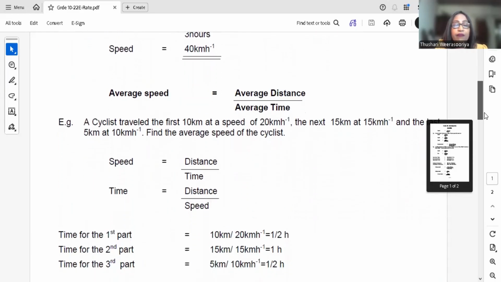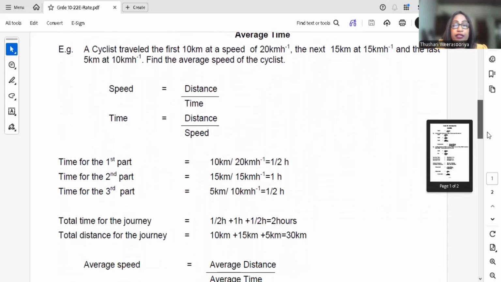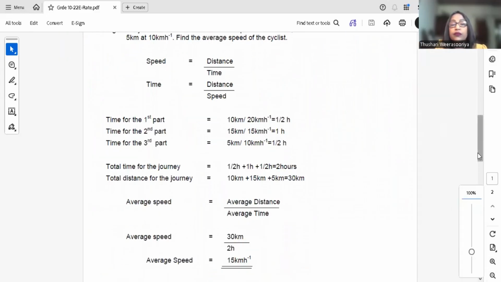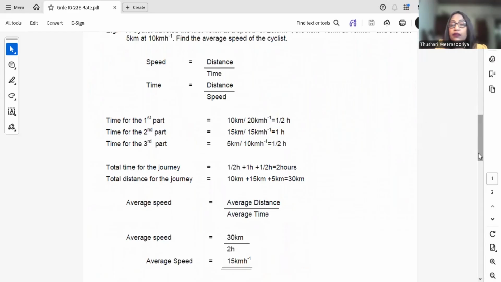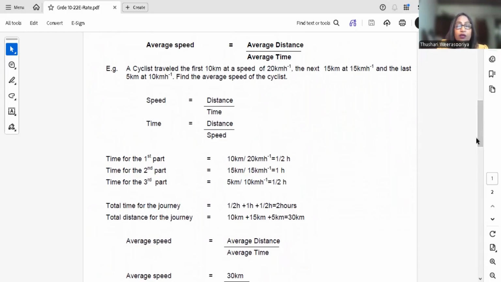Now look at this example. Average speed equals total distance divided by the total time. A cyclist travels the first 10 kilometers at a speed of 20 kilometers per hour.